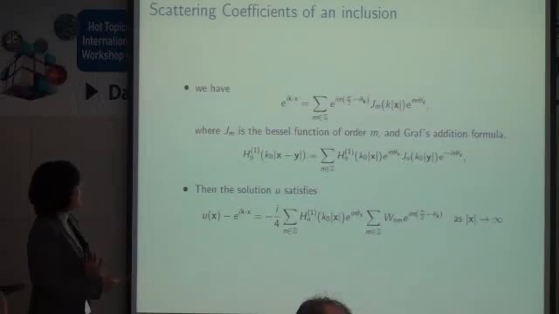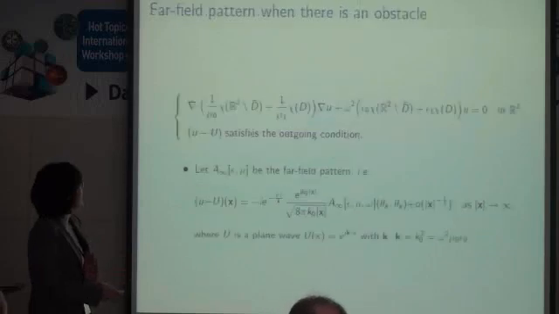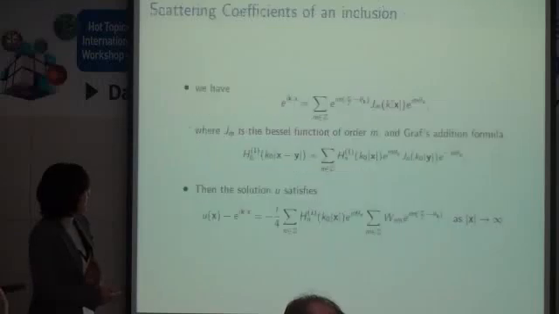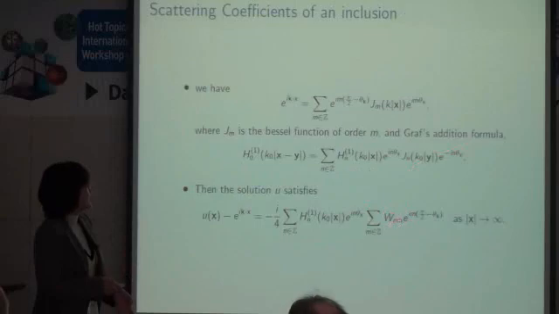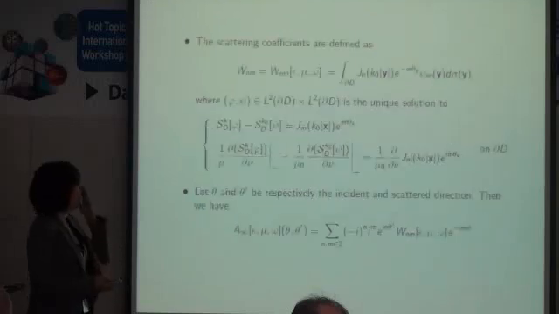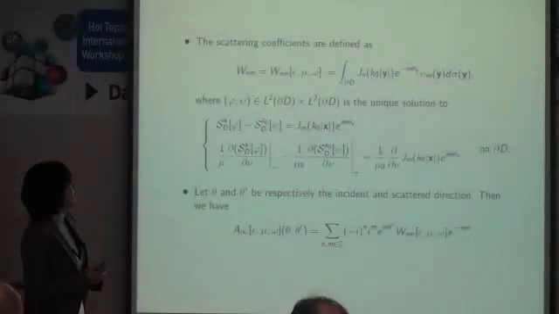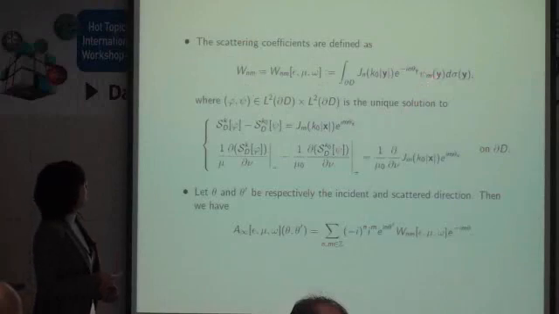So now to make the far-field pattern very small, I will construct some layered structure which has very small scattering coefficient W and M. So W and M is defined as the boundary integral with the density satisfying this system.